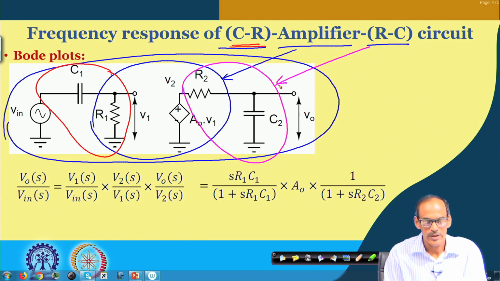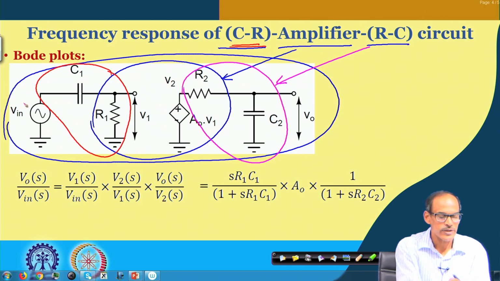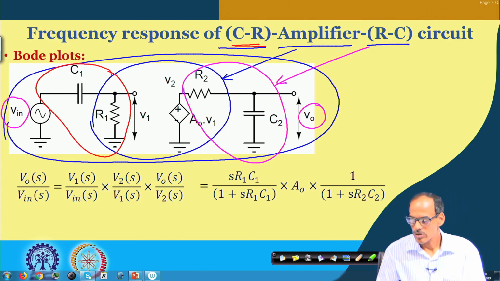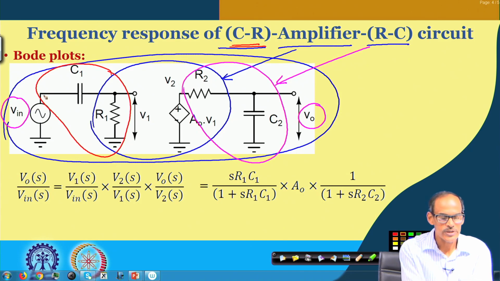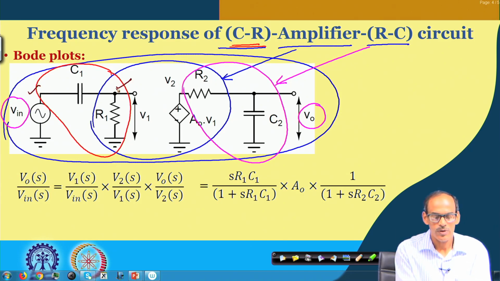To get the overall frequency response starting from the primary input to the primary output, what we have done is that we obtain the frequency response from this point to this point, like V1 to V2, and then from V2 to VO.